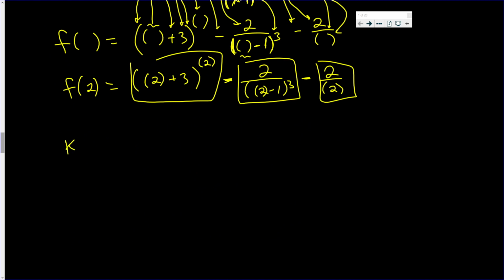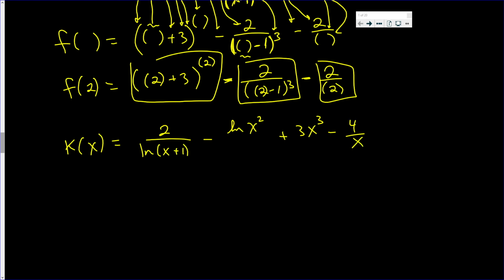If I tell you that k of x is equal to 2 over ln of x plus 1 minus ln of x squared plus 3x cubed minus 4 over x.